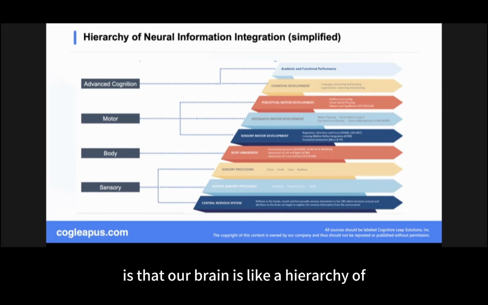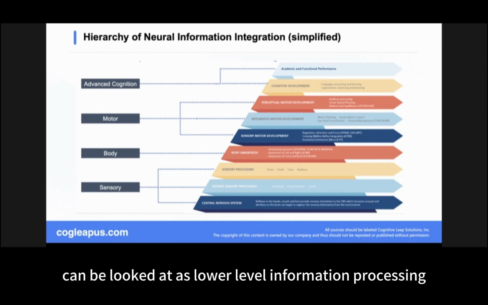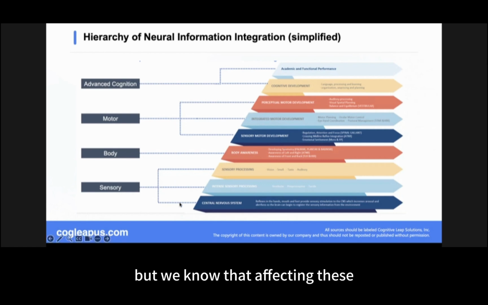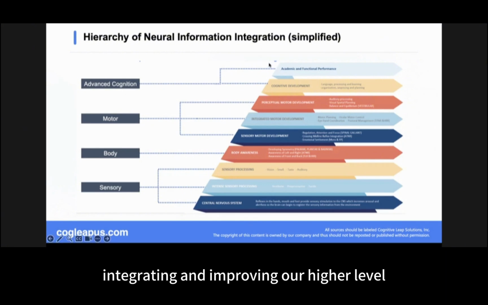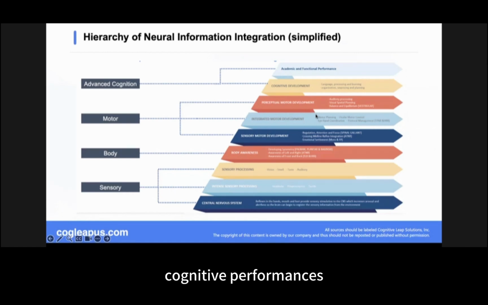explain is that our brain is like a hierarchy of neuroinformation integrating. The ways that the brain is divergent that I shared just now can be looked at as lower level information processing. But we know that affecting these so-called lower level information processing can create bottom-up effects, integrating and improving our higher level cognitive performances.